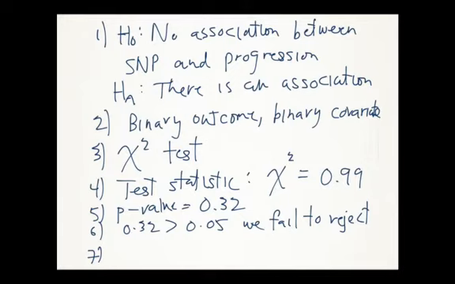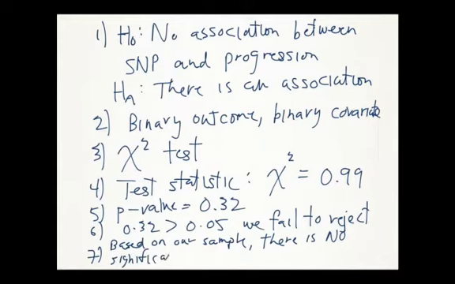And then we would say something like, I'm going to run out of space, based on our sample. Remember, we usually want to say based on our sample because maybe if we had a larger sample or just different people, we might get a different outcome. So we say based on our sample, there is no significant association between SNP and progression.